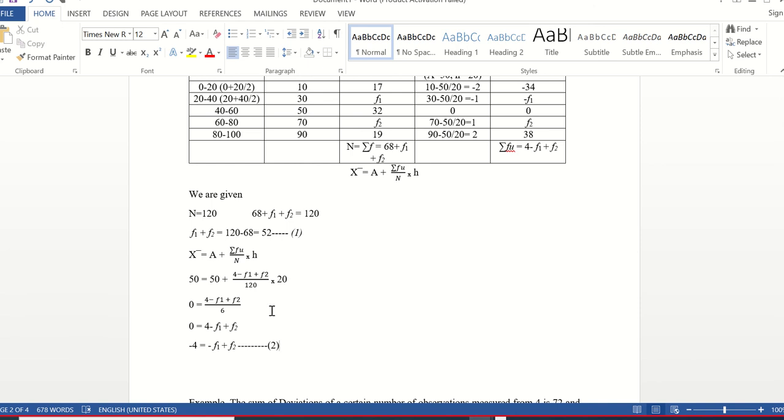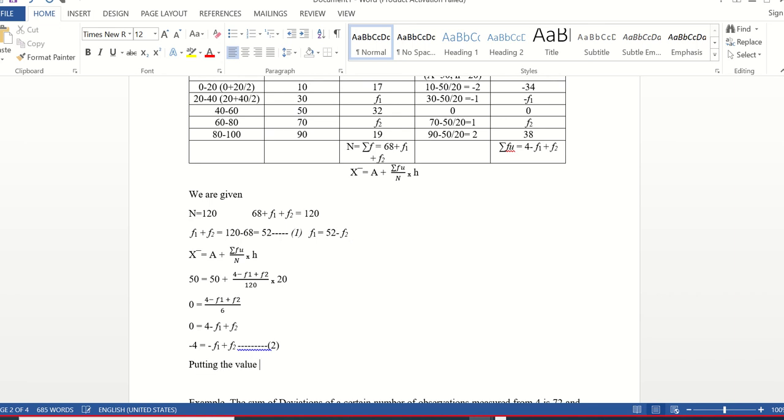Now we can put the value of f1 or f2 from equation 1 into equation 2, right? So I will find the value of f1 equals 52 minus f2, and put this value of f1 in equation 2.